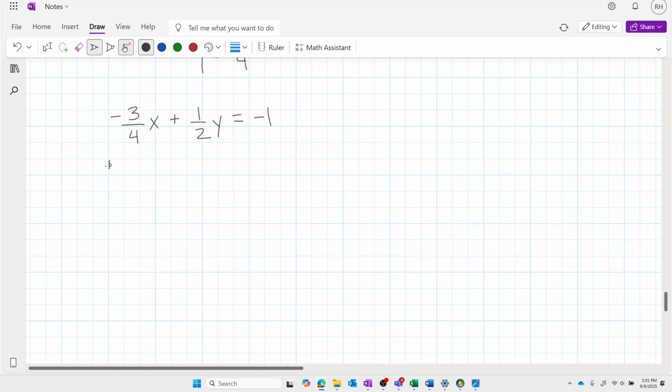We're going to add 3/4 x to each side. So the 1/2 y falls down. This 3/4 x is going to go next to the equal sign. And this 1 is negative, so it's minus 1. And then divide everything by 1/2.